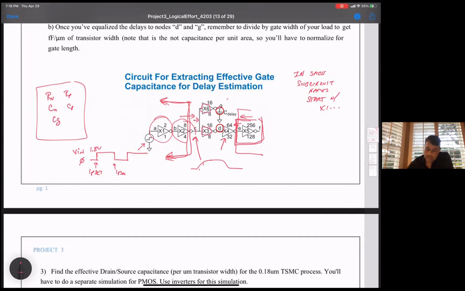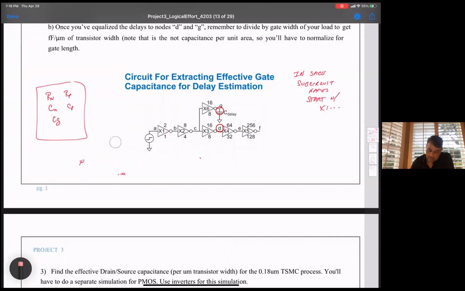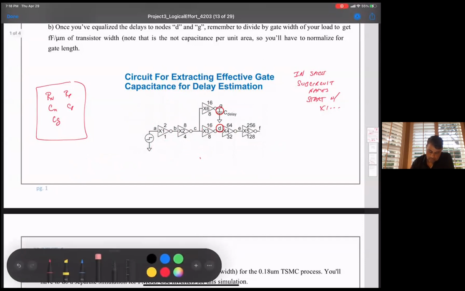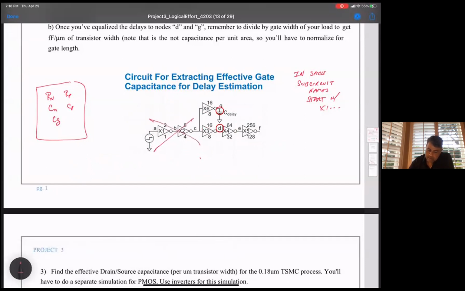So again, these guys and this guy are just creating the right input and output boundary conditions.